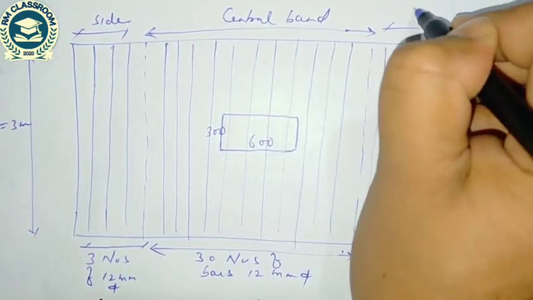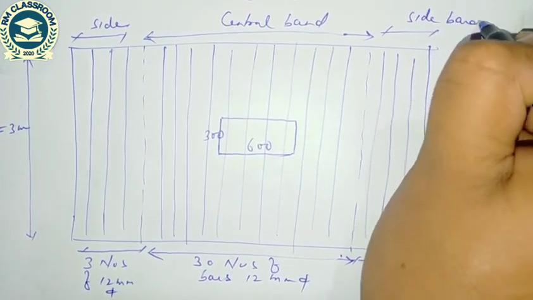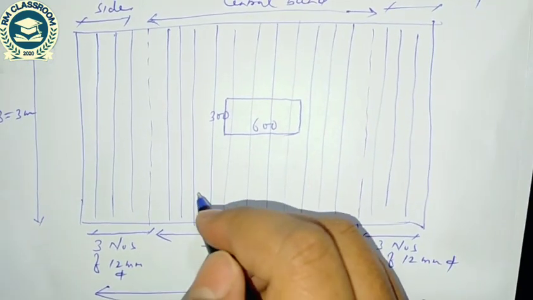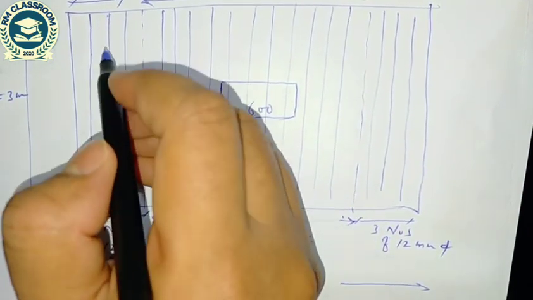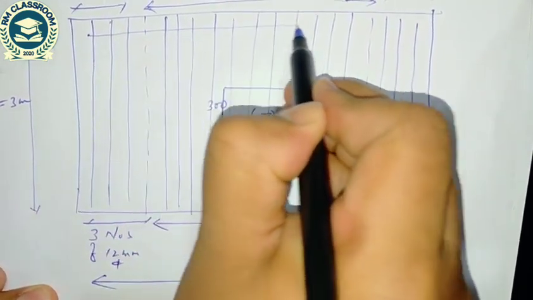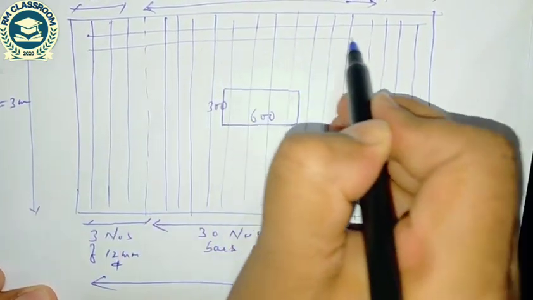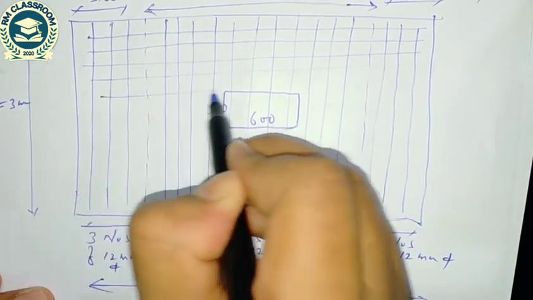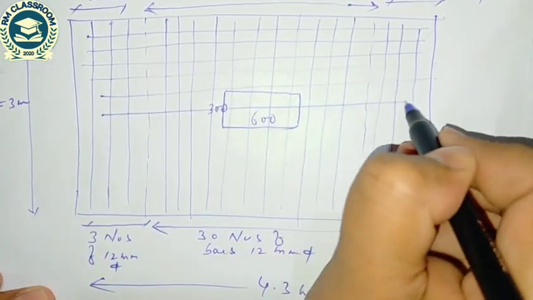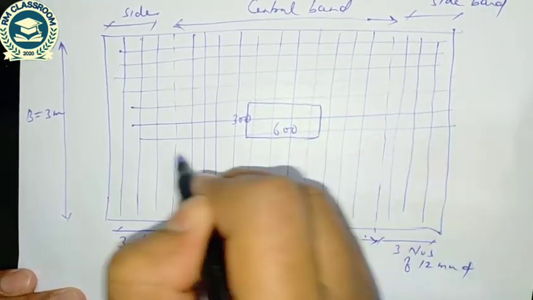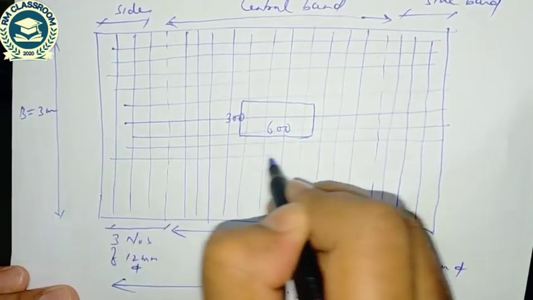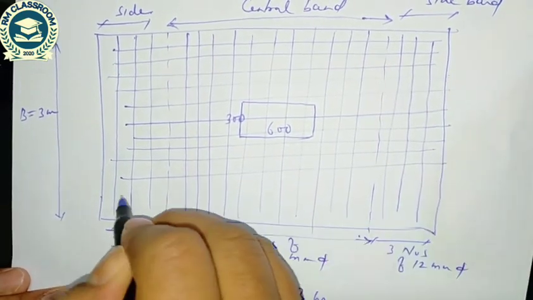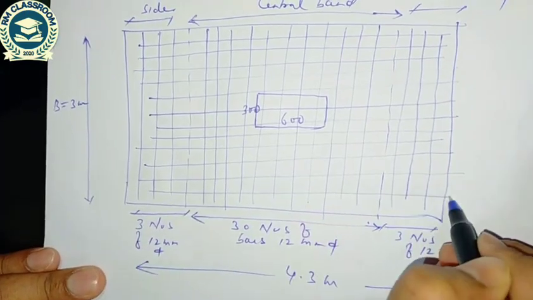This is also side band. And along width B, we have to provide 17 number of bars. So these are the detailings.